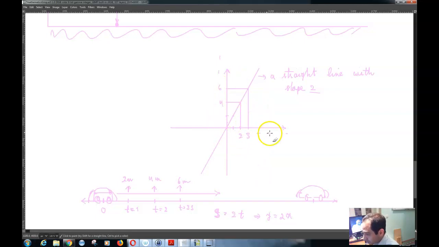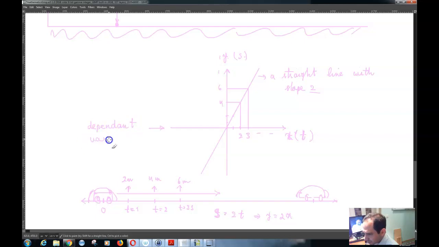Now in this situation, on this axis we have y, or s over here. On this axis we have t, or x. And you can see that this axis over here is called the dependent variable.